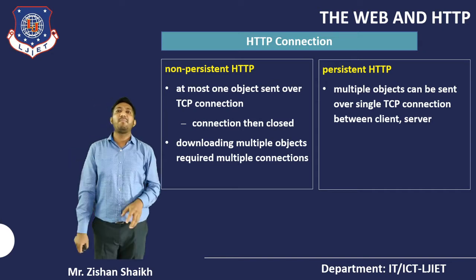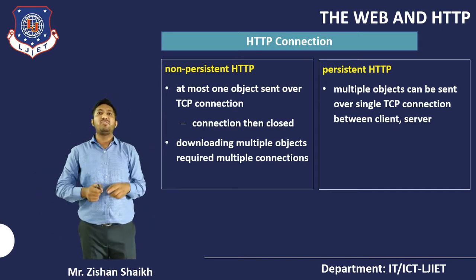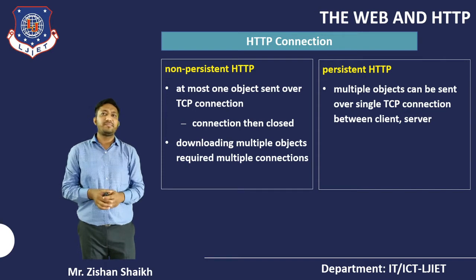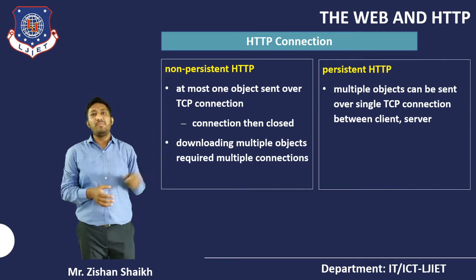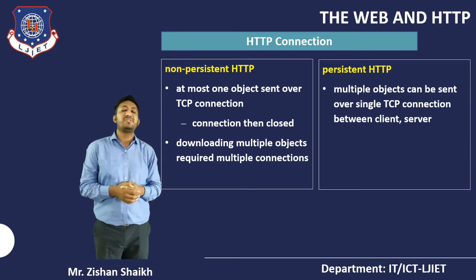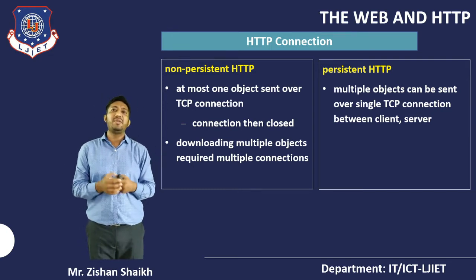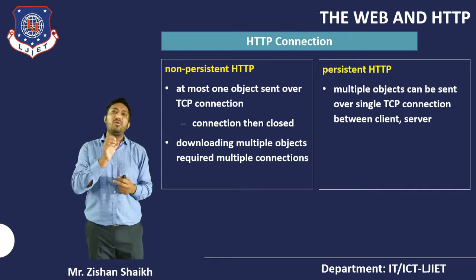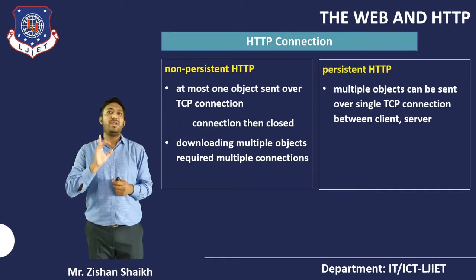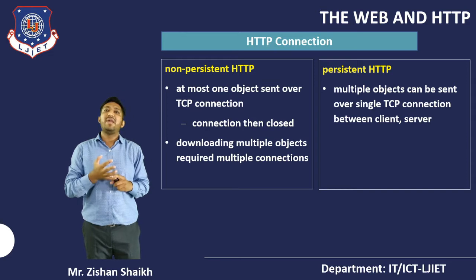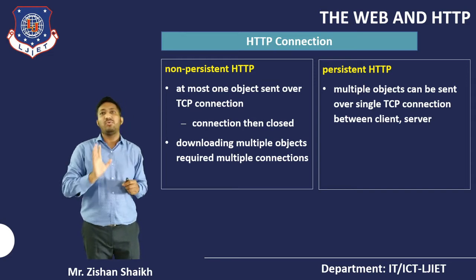Now we are talking about the two important parameters of our HTTP connection: non-persistent HTTP and persistent HTTP. When we talk about non-persistent HTTP, at most one object is sent over the TCP connection, only one at a time. Then the connection is automatically closed.